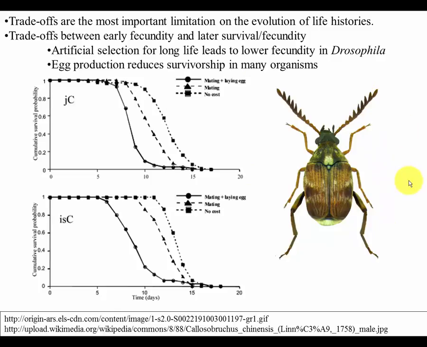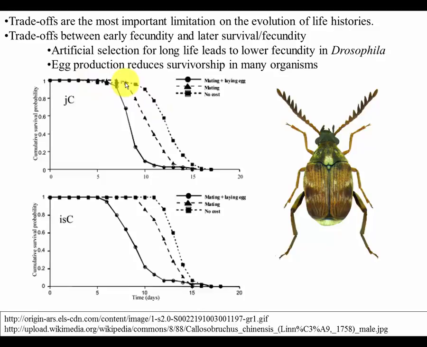This is a seed beetle. It's a stored grain pest because it lays eggs on the kind of seeds that human beings like to store and eat. And you can see here that the survival probability is highest for females that are not allowed to breed.